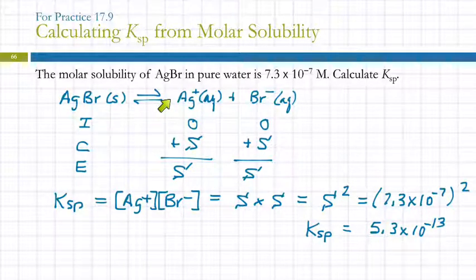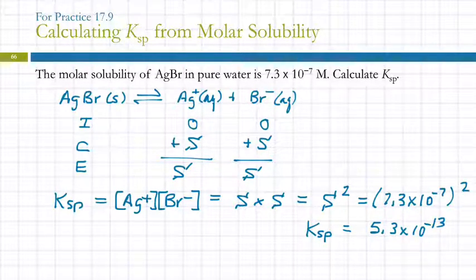for anything with a coefficient of 1, the concentration of that ion will be equal to the molar solubility. But if you have an ion with a coefficient of 2, its concentration will be twice the molar solubility, because for every mole, it releases 2 moles of that ion.